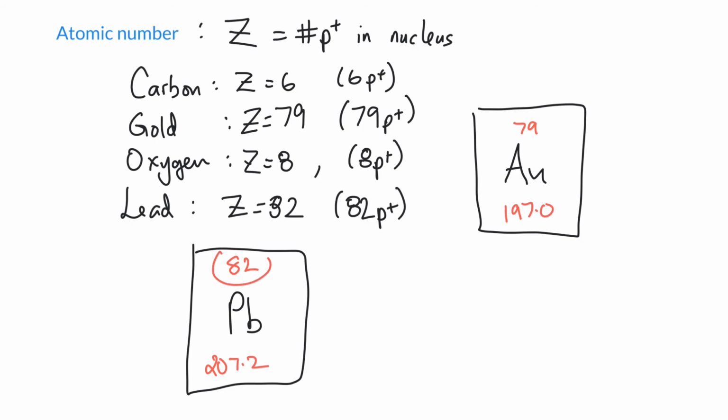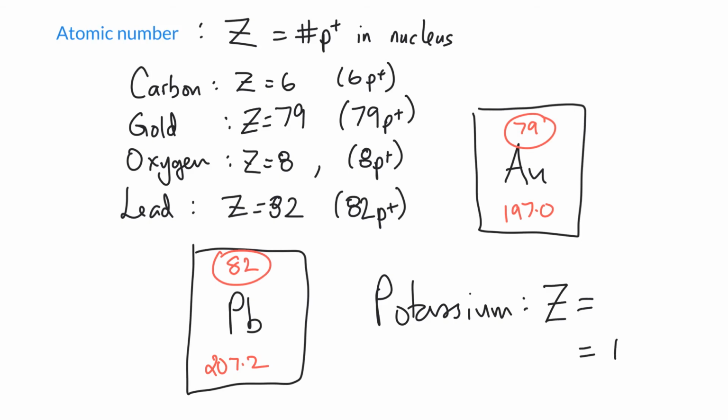But that 82 up above and that 79 is how we determine what we've got. So go ahead and, just for fun, potassium. So go ahead and look up on your periodic table and tell me the atomic number of potassium, which of course is the number of protons. So go ahead and pause and find potassium, and we'll check our answers.